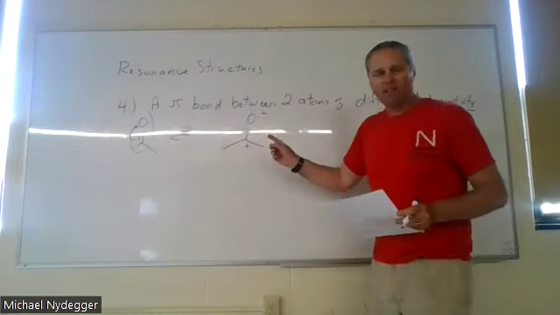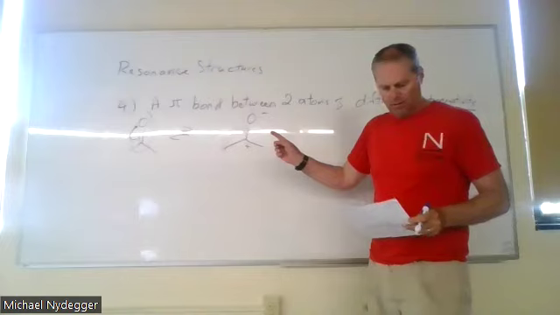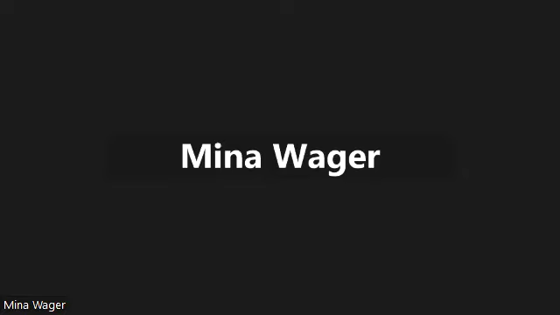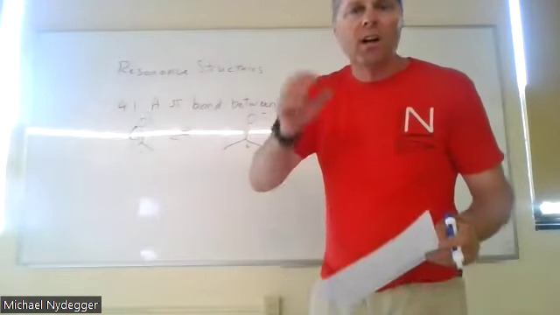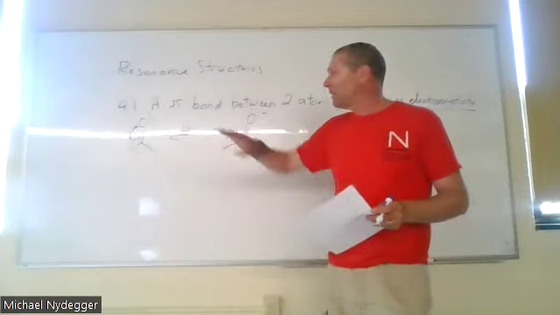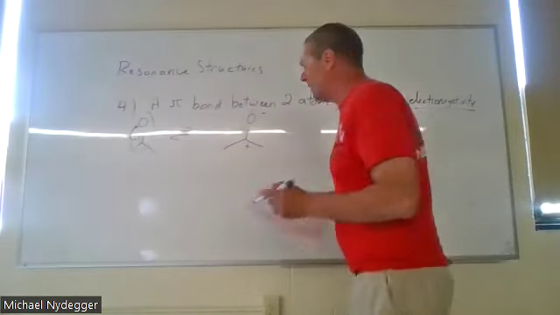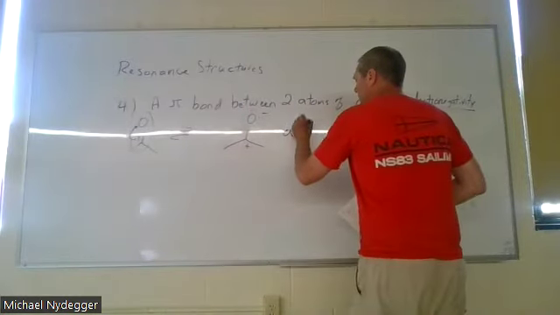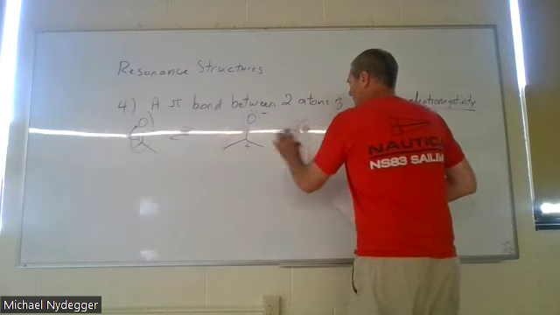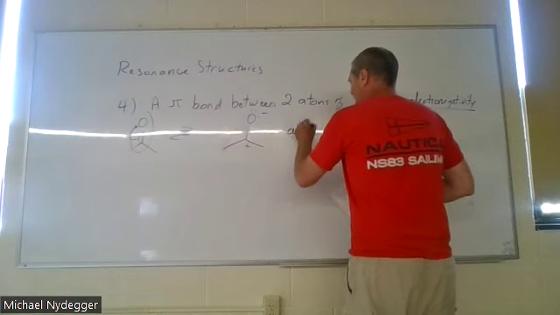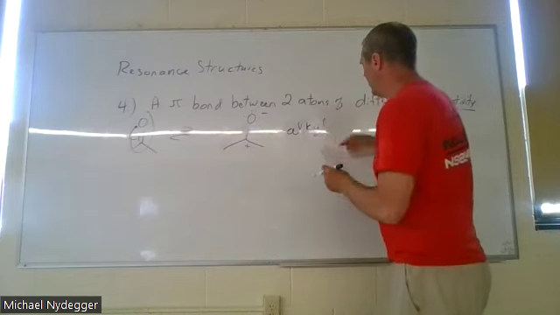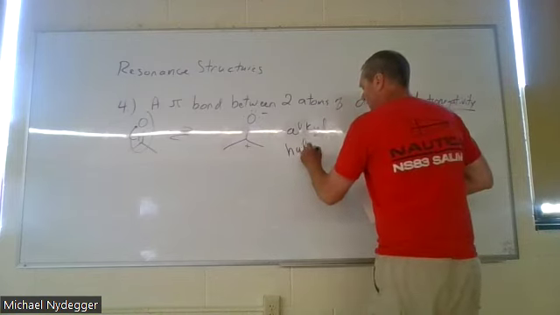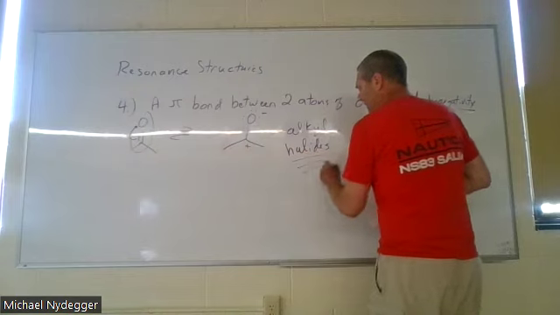Now, does that make sense? Okay, and you'll see this one a lot. Not only with carbonyls, but you see it with halides. I'll give you a little heads up: alkyl halides.